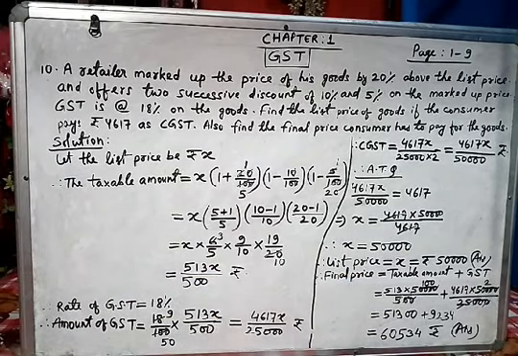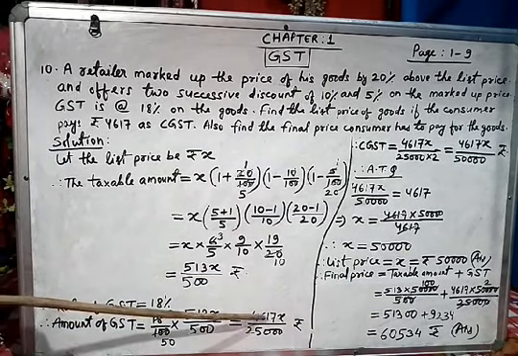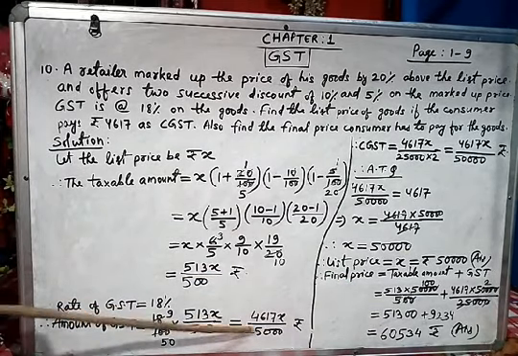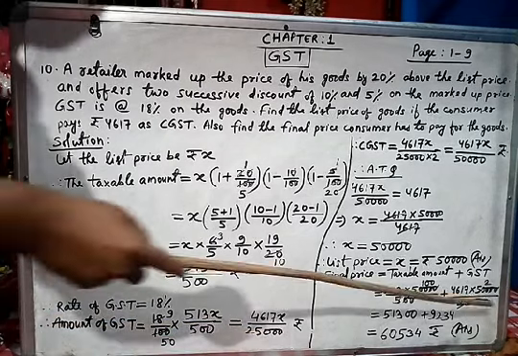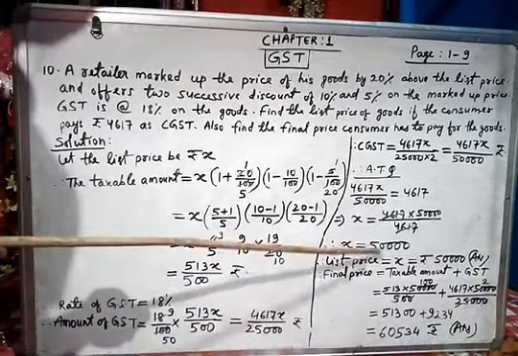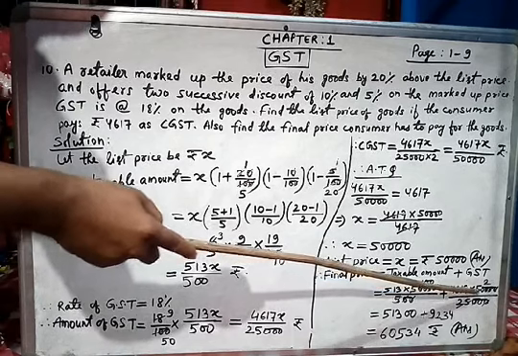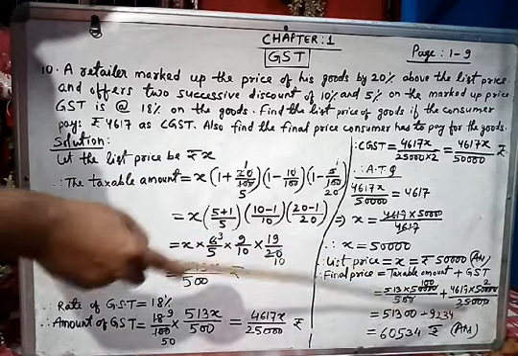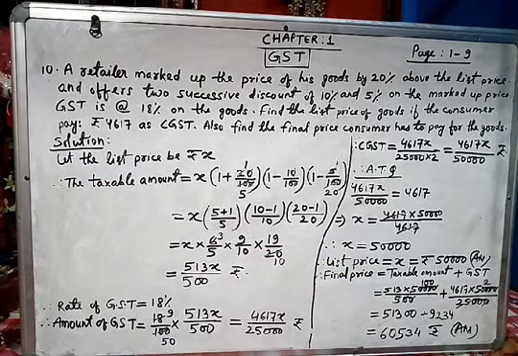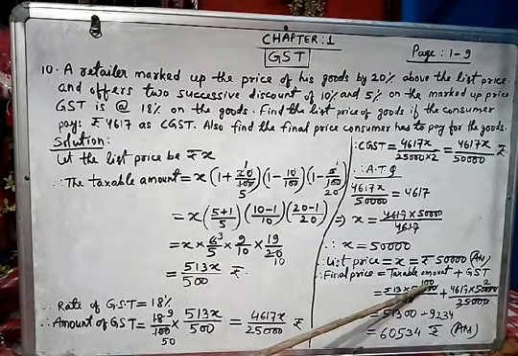The amount of GST we also know is 4,617x by 25,000. So in place of x I wrote 50,000, because the value of x is 50,000. So 4,617 into 50,000 by 25,000. Now children, we can cancel 500 and 50,000 and we get 100 here.